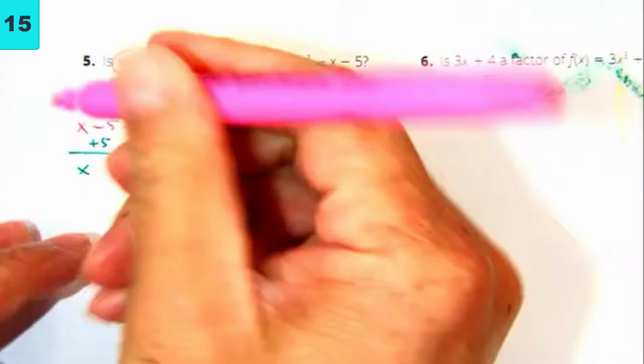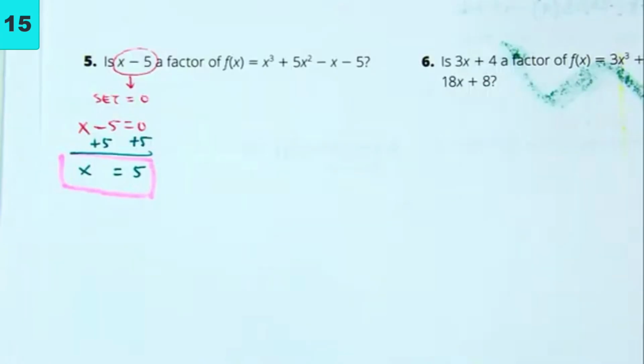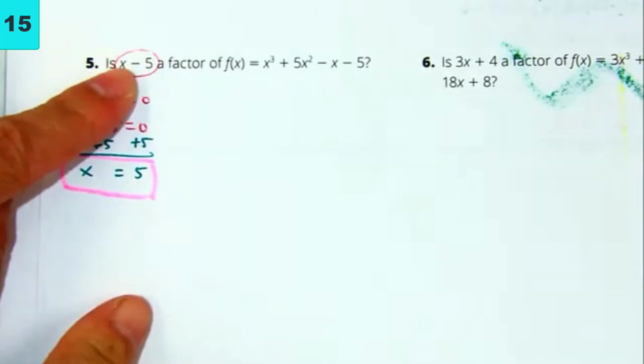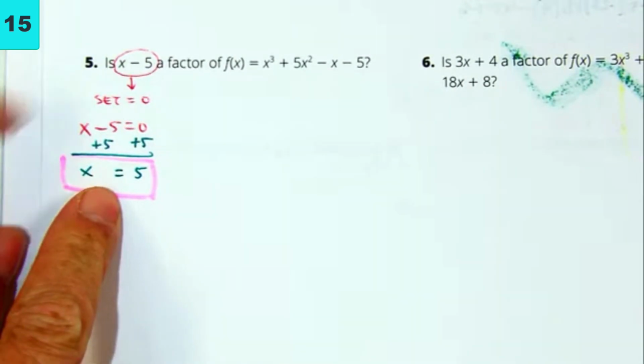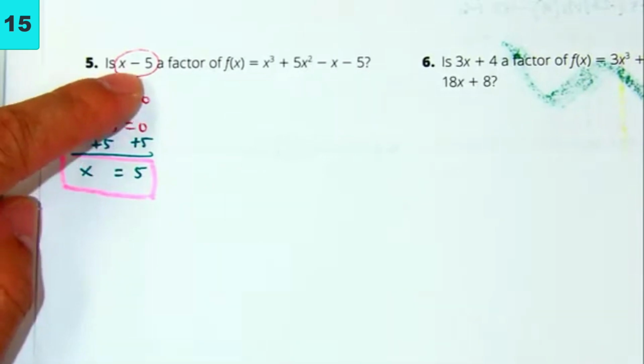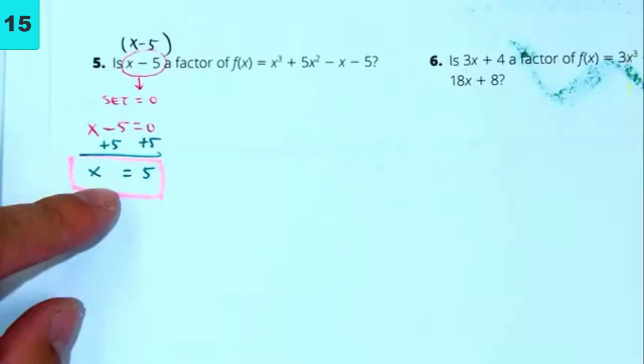I want to stress this point because it is super important. It's going to help you for the next couple of weeks. x minus 5 is the same thing as x equals 5. x minus 5 is the same thing as x equals 5. Sometimes you'll see x minus 5 in parentheses. Okay?